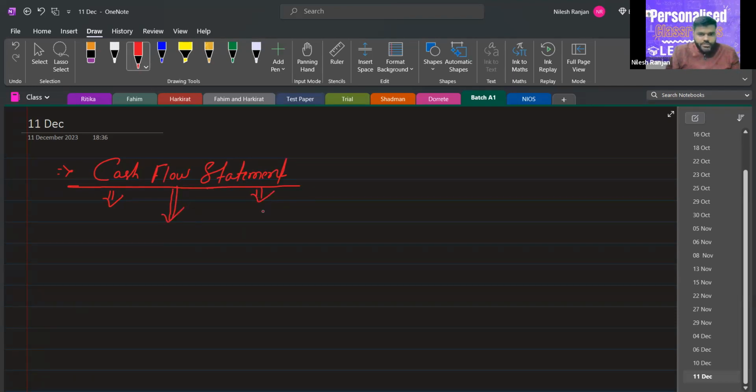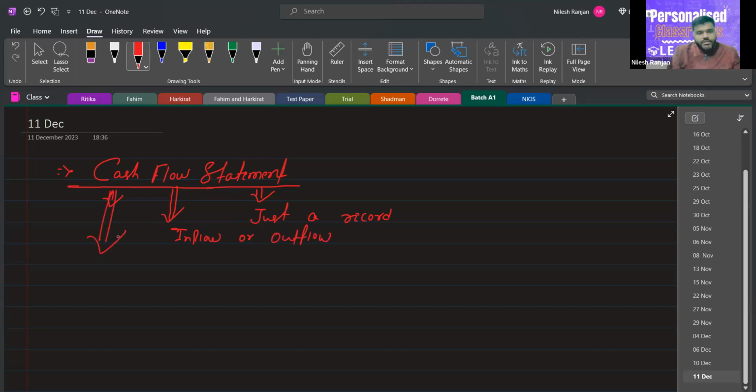So the statement is just a record. Flow means either inflow or outflow, means whether we are receiving the cash or we are giving it.